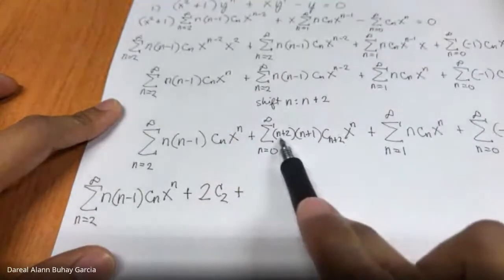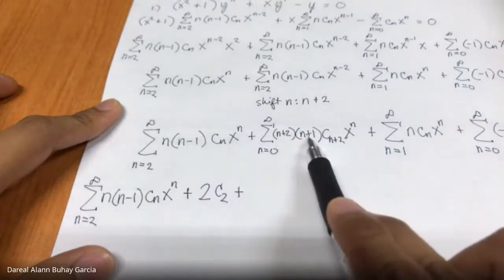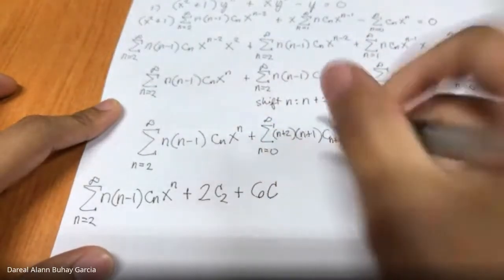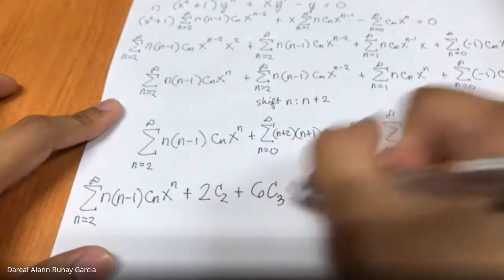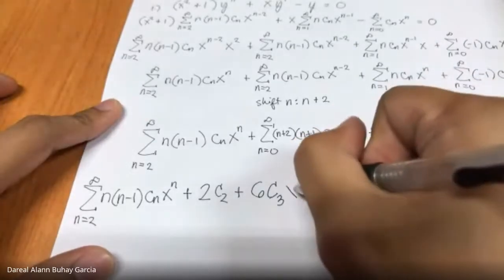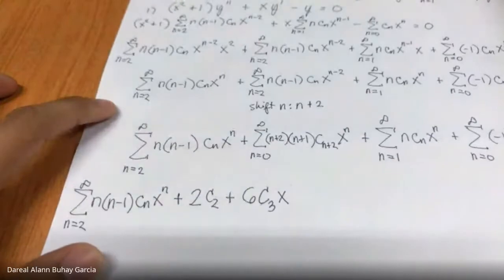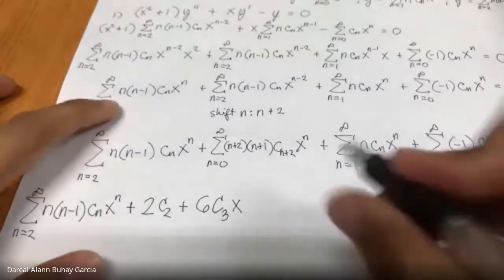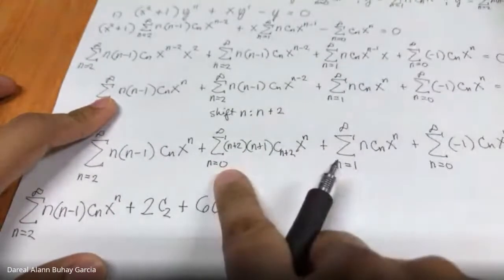N equal to 1. 1 plus 2 is 3 times 1 plus 1 is 2. That's 6. C, 1 plus 2 is 3. C3, x to the power of 1. Okay? Okay so far? Such that, pwede na tayo magsugod anin niya og 2.